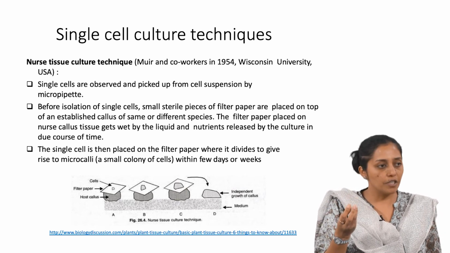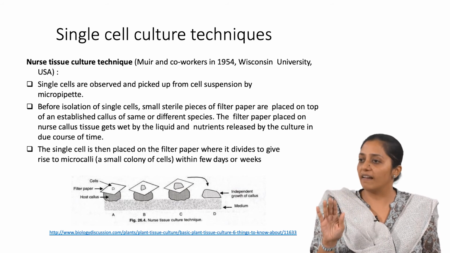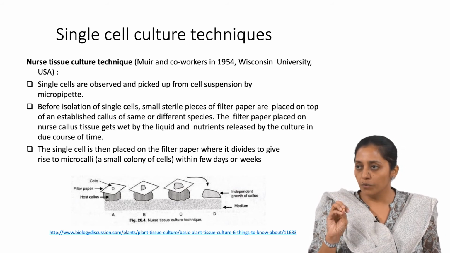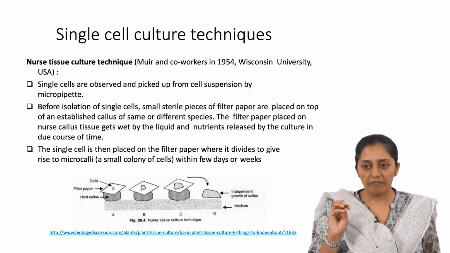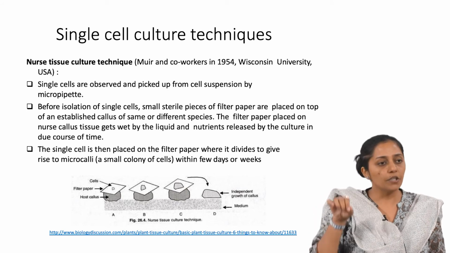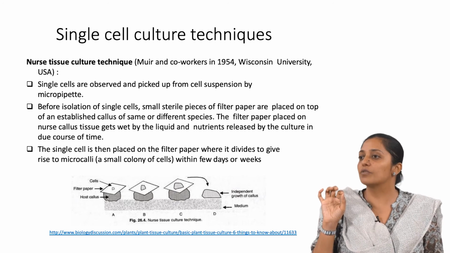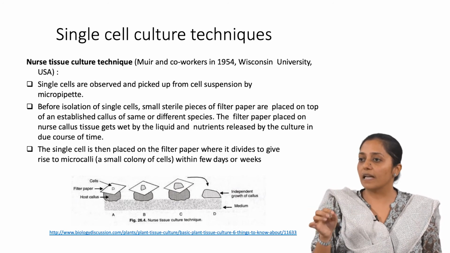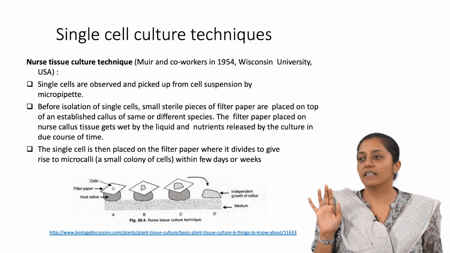Now, this wet tissue, which is supposedly having all the nutrients and other metabolites released onto it, you then inoculate with your single cell using the pipette. That is the single cell from which you need to generate the callus.